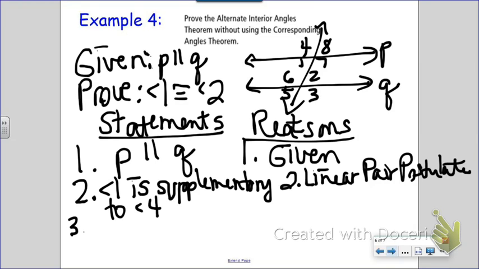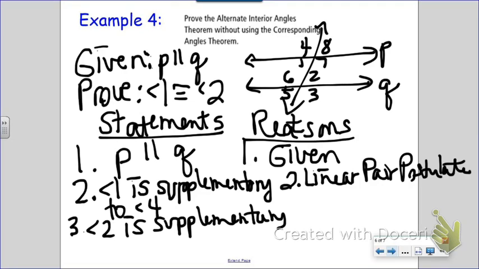We know angle 2 is supplementary to angle 3. Same reason, linear pair postulate.